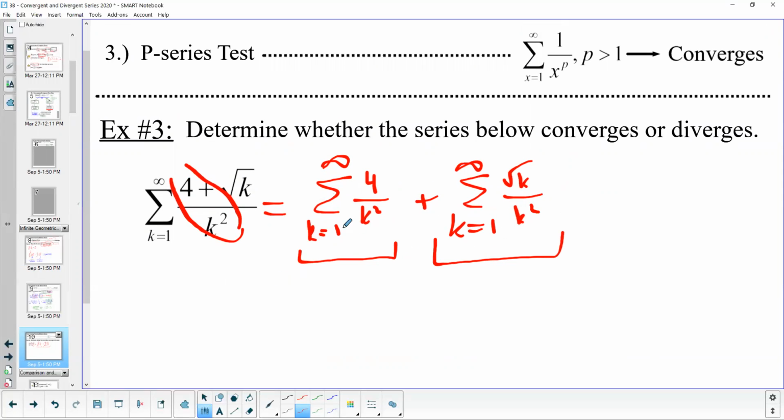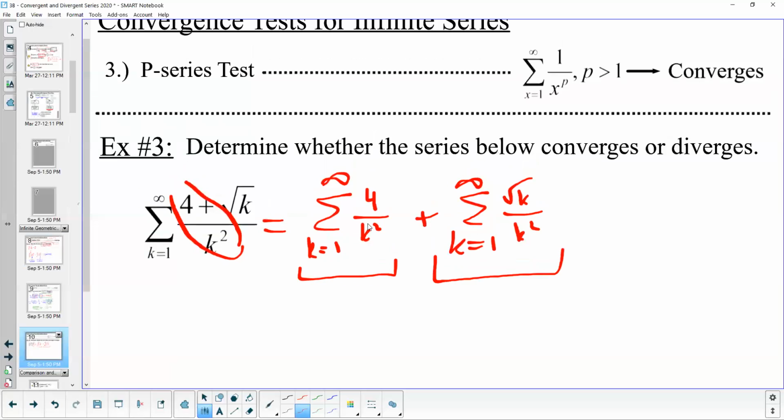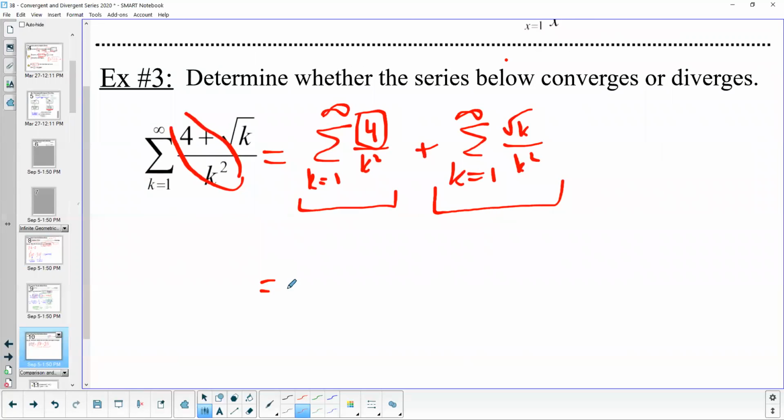The first value we find here is 4 over k squared. Now it seems like we've got an issue because according to the rule, we have a 1 up top, and here we have a 4. But series act a lot like integrals, and one of the properties you can use is to pull this constant out front.